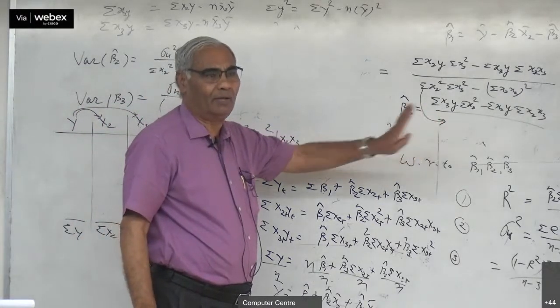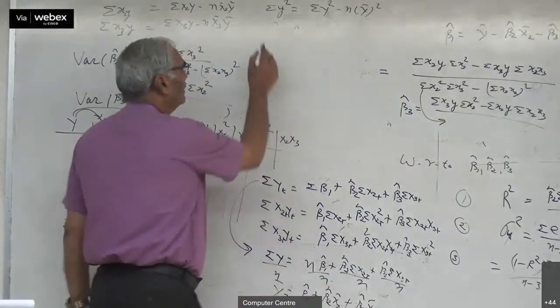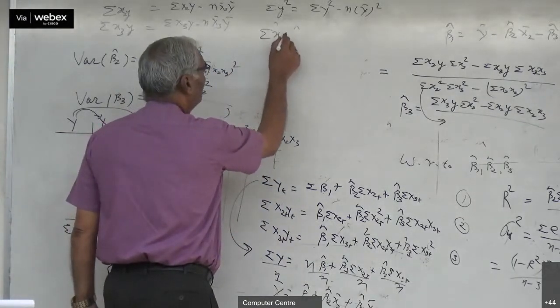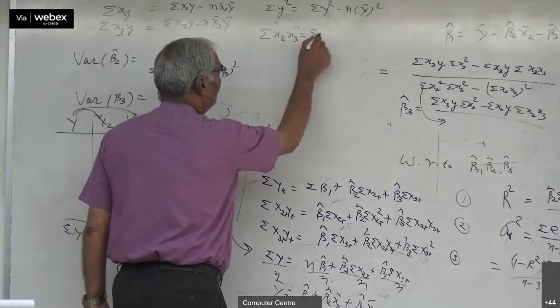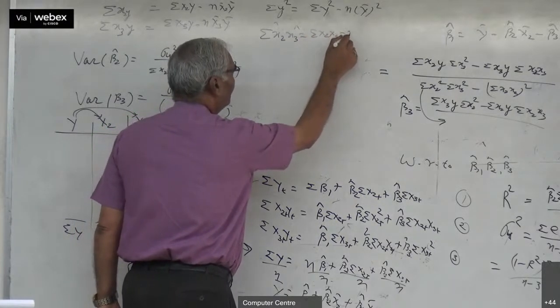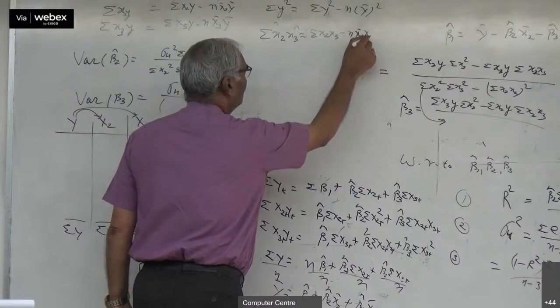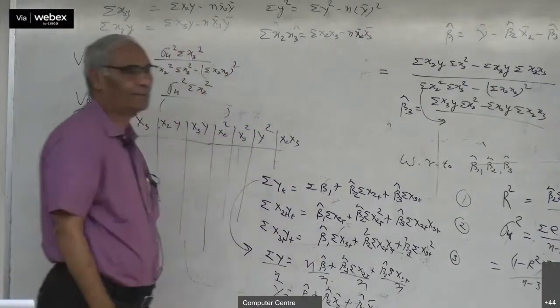Otherwise, the formula will be very lengthy. Similarly, summation x2 x3 is capital X2 X3 minus n times x2 bar x3 bar, and so on.